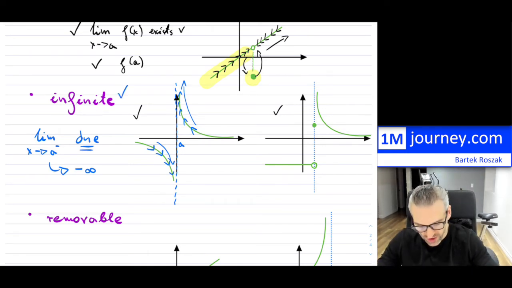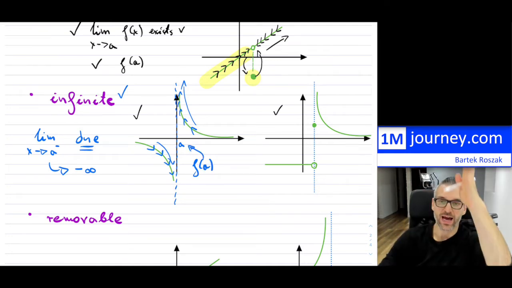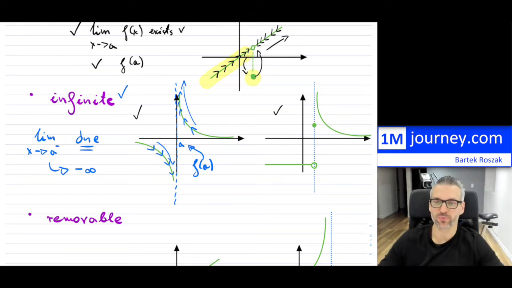Notice the function is actually not defined here because we have an asymptote that we're going to be approaching and we actually never get there. So that would have been an infinite discontinuity.